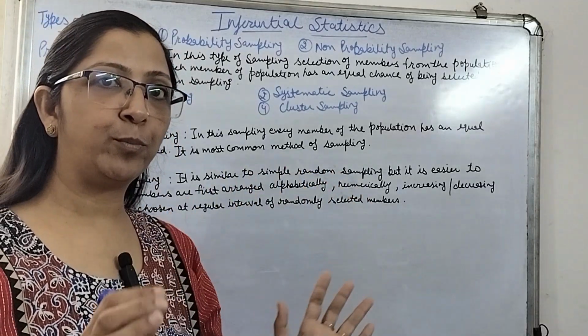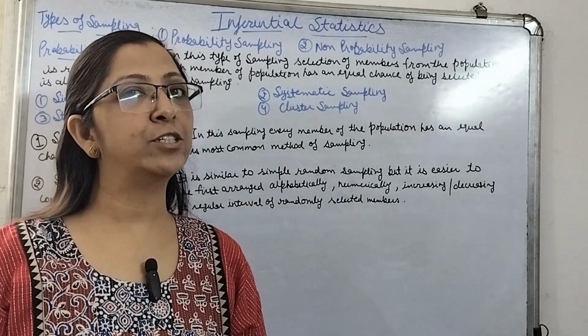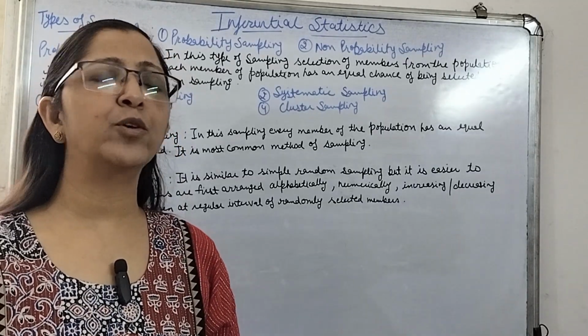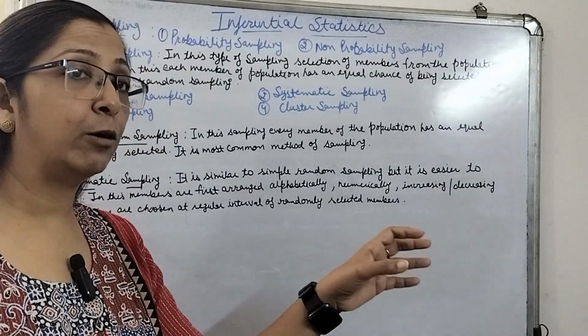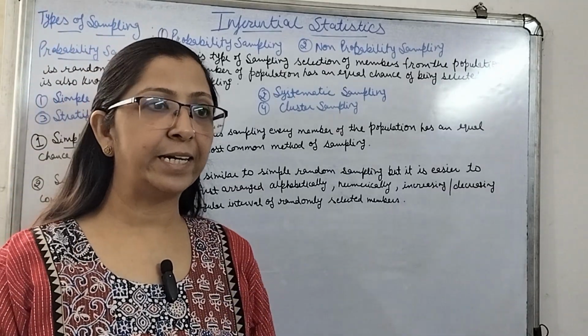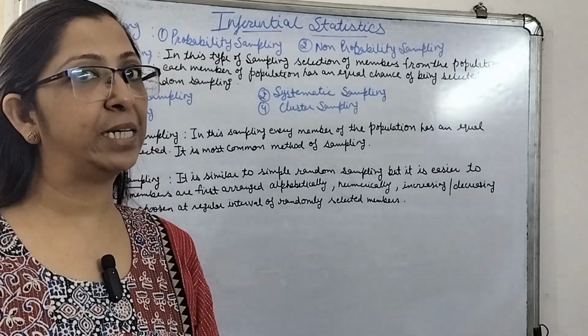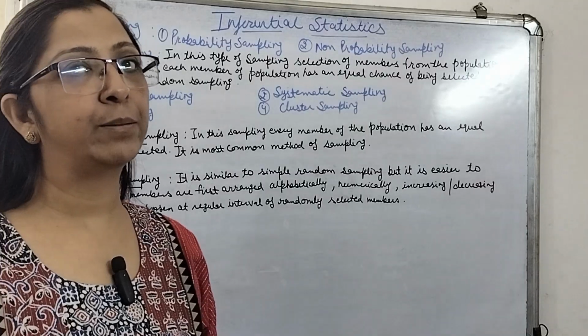Suppose there is a class of 50 students, and from these 50 students we have to select any 5 students for a competition. Randomly we pick any 5 students without any bias, with no more chance for any particular student. When this type of sampling is done, it is simple random sampling.